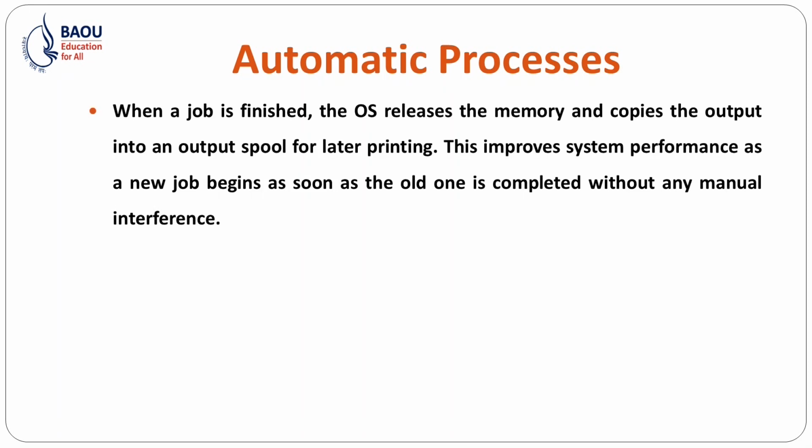In automatic process, when a job is finished, the OS releases the memory and copies the output into an output spool for later printing. This improves system performance as a new job begins as soon as the old one is completed without any interference.